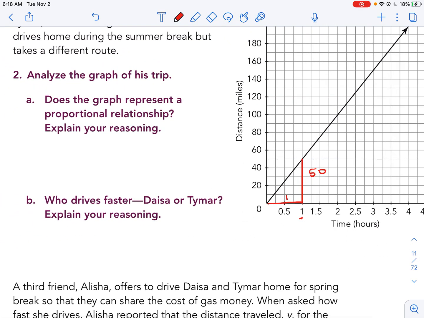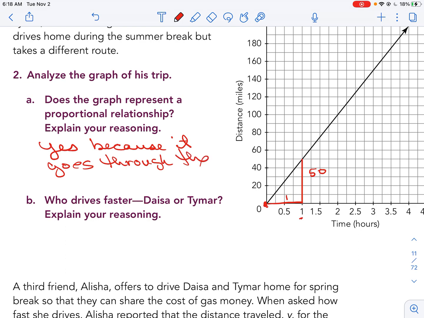Okay, how do I know that it's proportional? It goes through 0, 0, and it makes a straight line. It doesn't do any squigglies. So yes, because it goes through the origin and is a straight line.